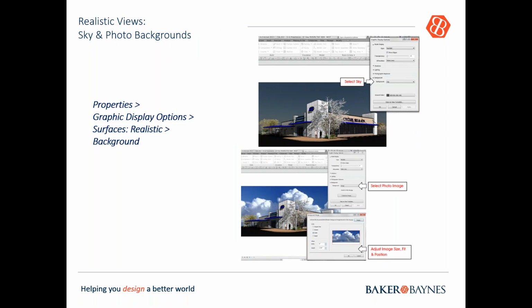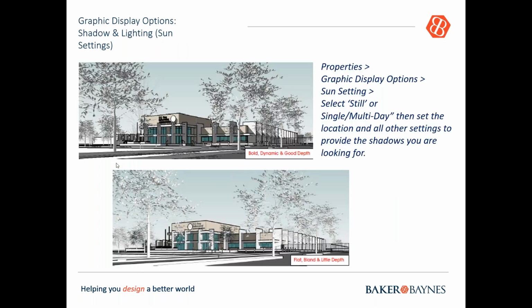Okay, so the other option that we're going to look at is a realistic view in terms of using sky and photo backgrounds. Now, Revit provides you the ability to adjust the sun settings. So I'm jumping the gun here a bit.